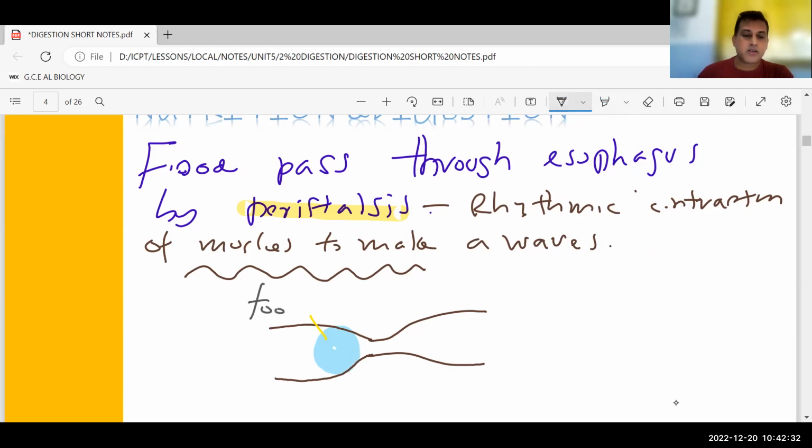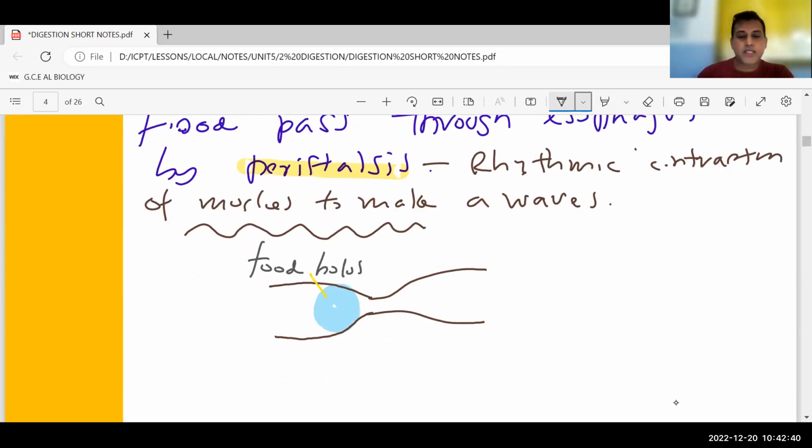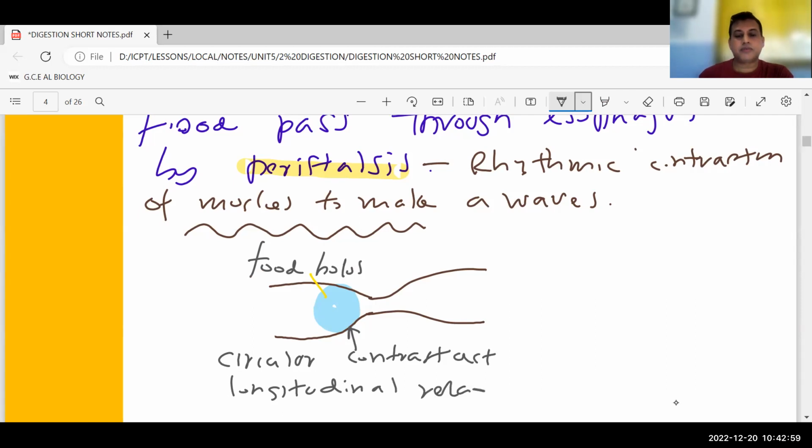This is the food bolus. When the food is at this place, the circular muscle contracts. Usually in digestion you learn about circular muscles; with peristalsis the whole level is moving.